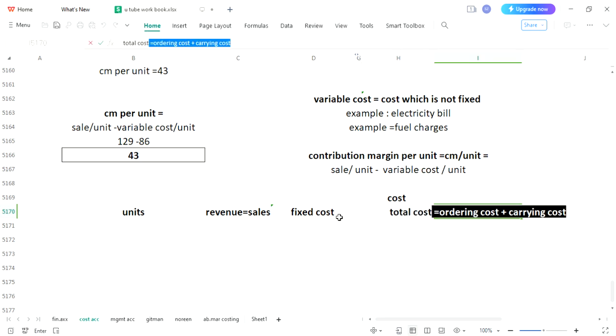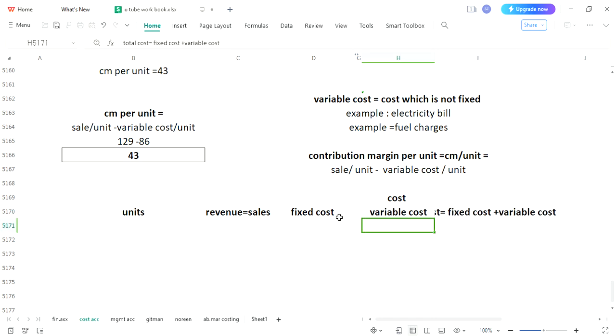And how will you get your total cost? You need to add fixed cost and variable cost. The sum of fixed and variable cost would be your total cost. In this way, you can complete your total cost column.